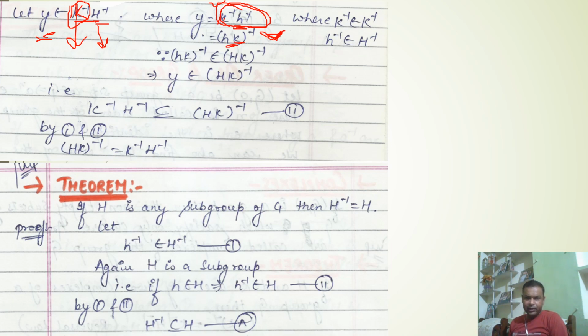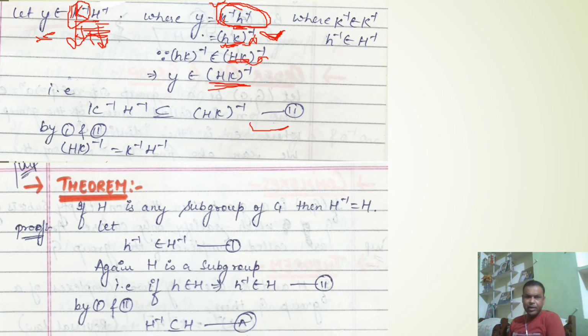Now what is this (hk) inverse? hk means the first element belongs to H and the second element belongs to K. It means this belongs to HK, and as we have the inverse on this element, it will belong to the inverse of the complex product of these two complexes H and K. So we assumed that y belongs to K inverse H inverse, and after that we showed that this y belongs to (HK) inverse. It means each element of K inverse H inverse belongs to (HK) inverse. So K inverse H inverse is a subset of (HK) inverse.